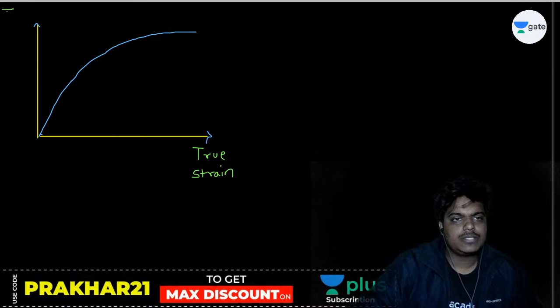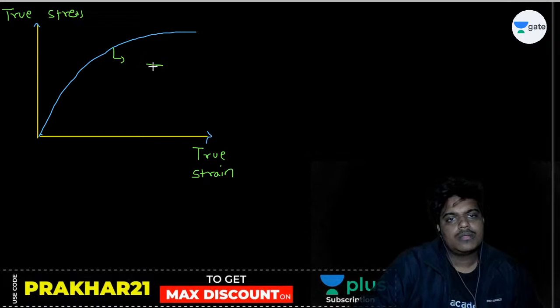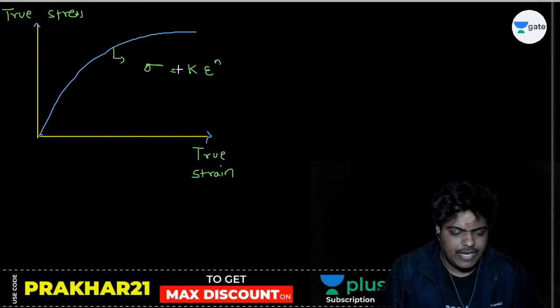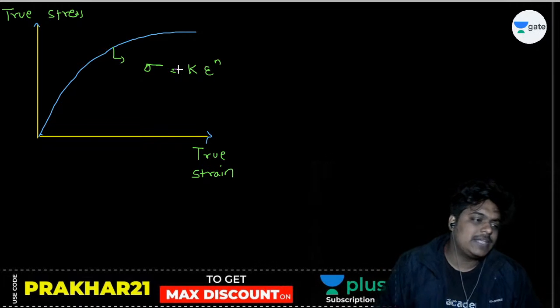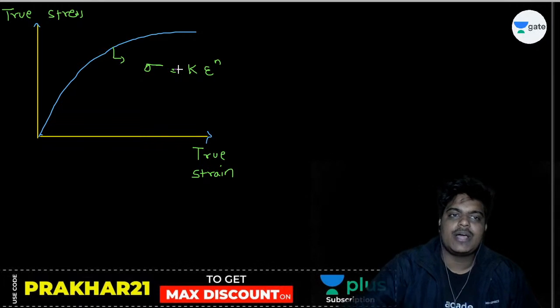True stress, sigma is equal to K epsilon to the power n. Simple, very simple. ठीक है, कुछ भी नहीं है इसमें. This is a basic diagram of the true stress strain curve.